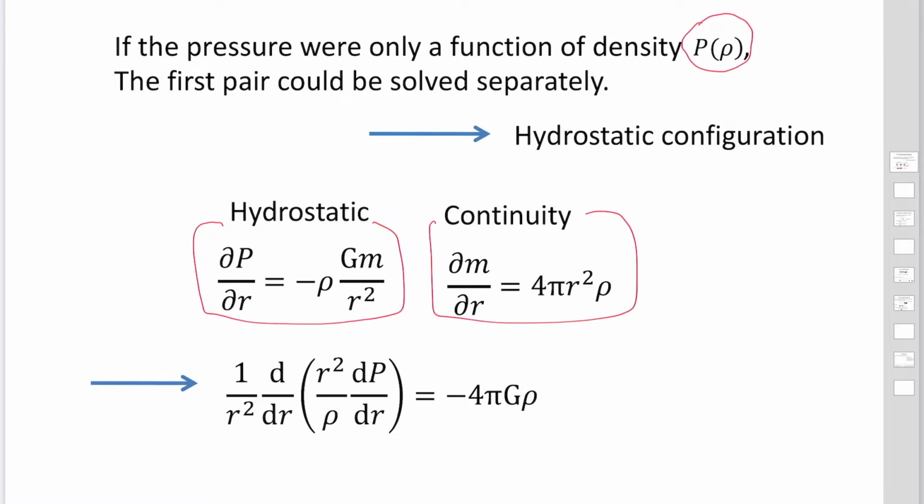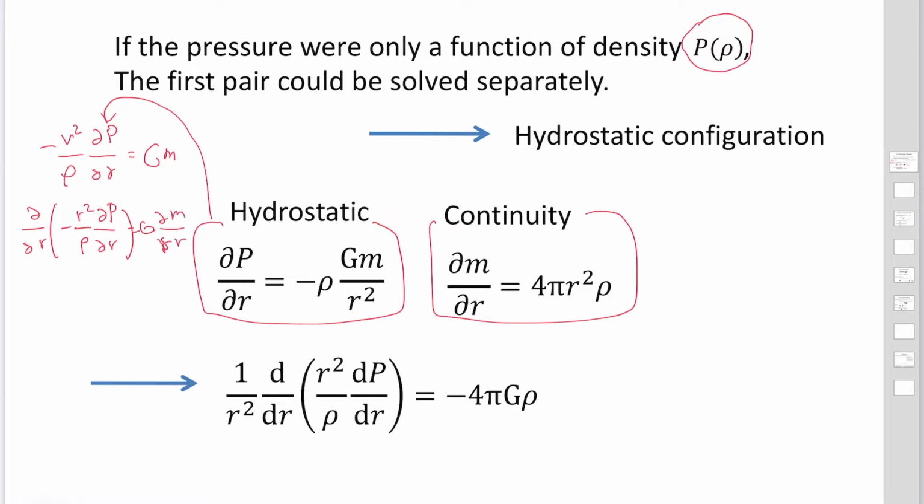From the first equation, the hydrostatic one, you can write minus r squared over rho, ∂P/∂r equals GM. Then you can take the derivative of both sides, G ∂M/∂r.